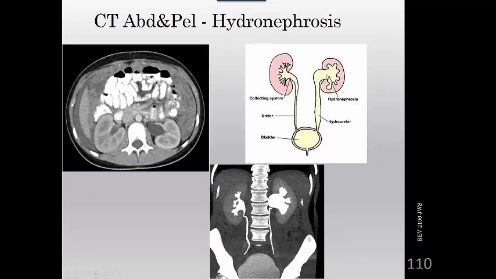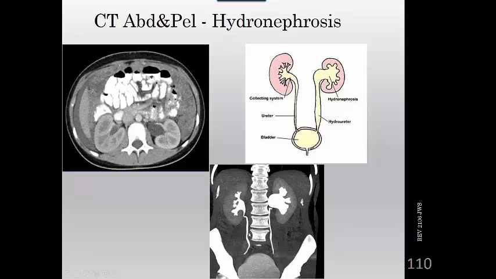And then the hydronephrosis, where the collecting system of the kidney is filling up. So it's two different aspects of it: the hydroureter is the ureter, and the hydronephrosis is the renal portion.